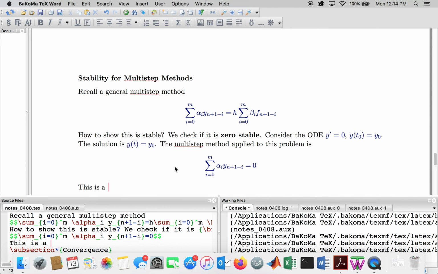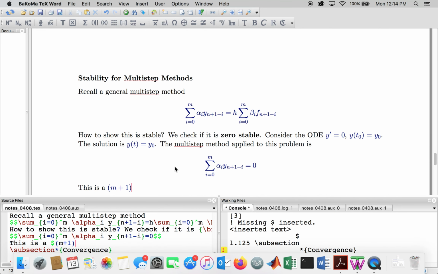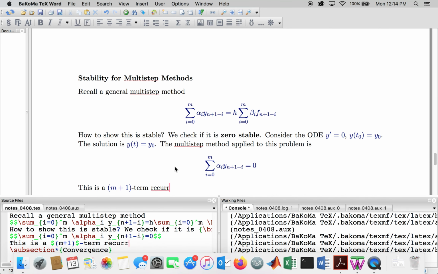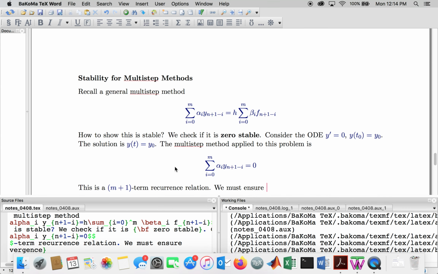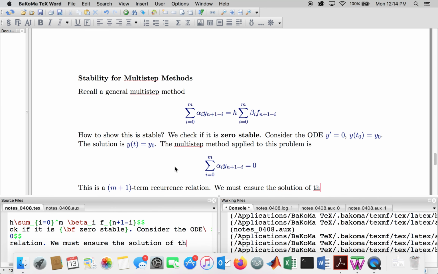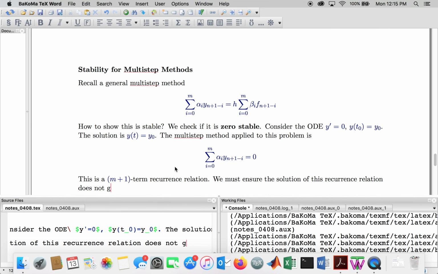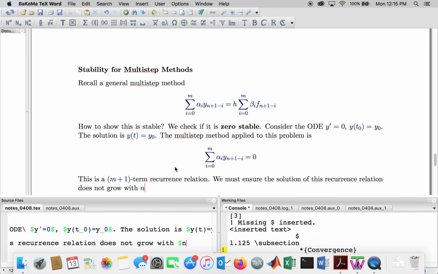So this is an m plus 1 term recurrence relation. And a lot is known about recurrence relations and how their solutions behave. So we must ensure for stability that the solution of this recurrence relation does not grow with n.